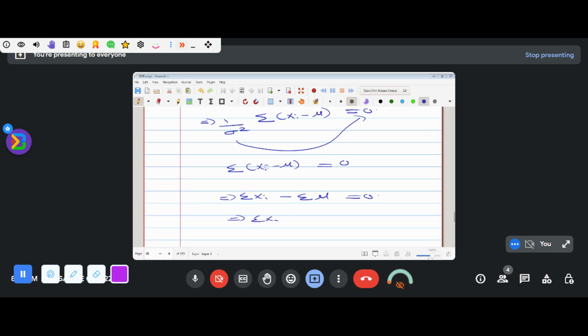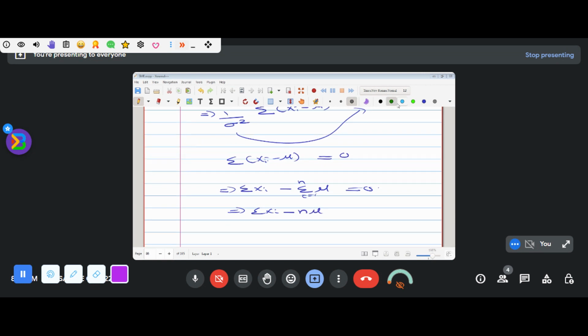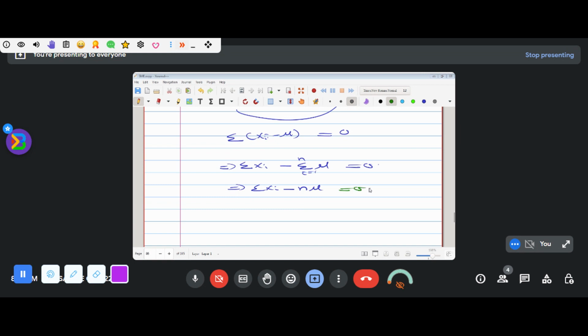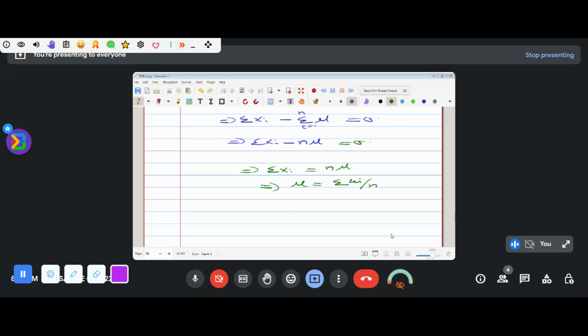Summing mu, how many times do you add it? N times, therefore minus n into mu equals 0. This implies summation xi equals n mu, so mu equals summation xi by n. This is the mean formula.